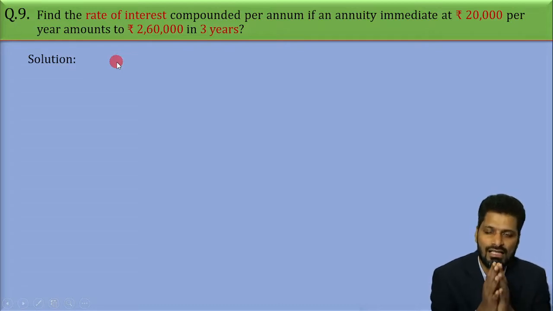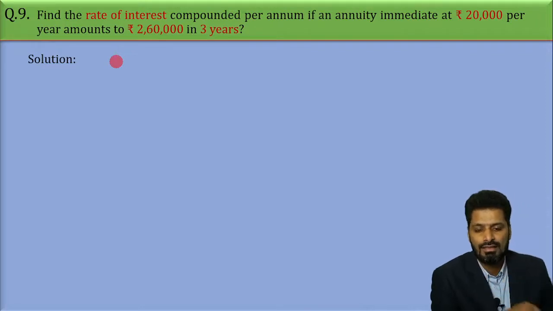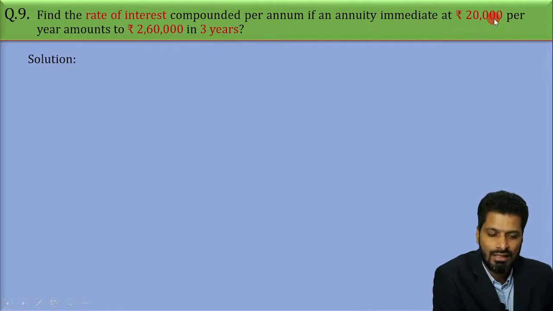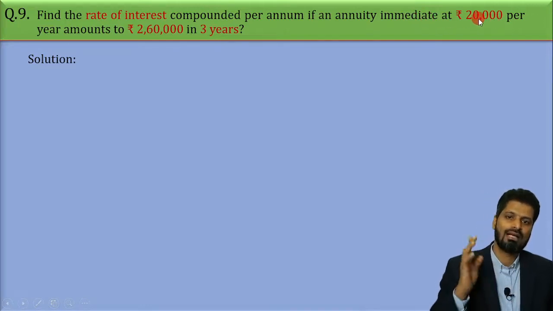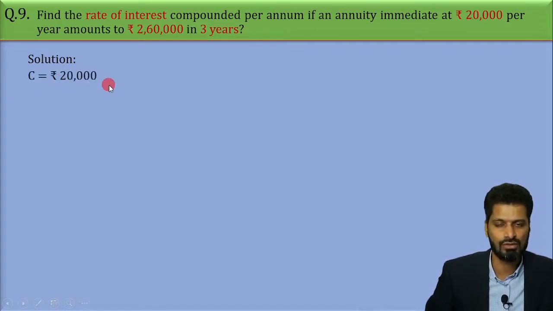First of all, let's note down the information given in the question. We are given the amount of annuity immediate as rupees 20,000. So the annuity amount given is 20,000, that is, the value of C is given as 20,000.